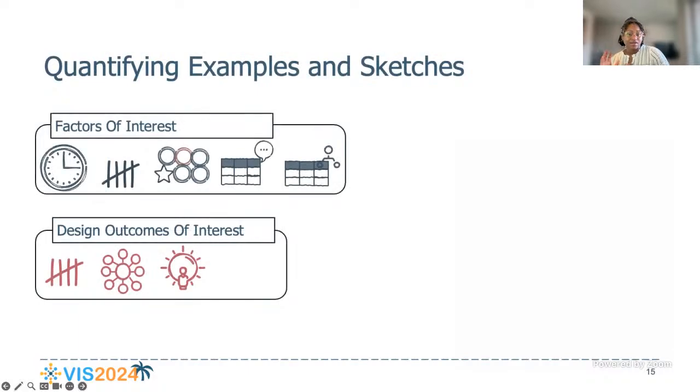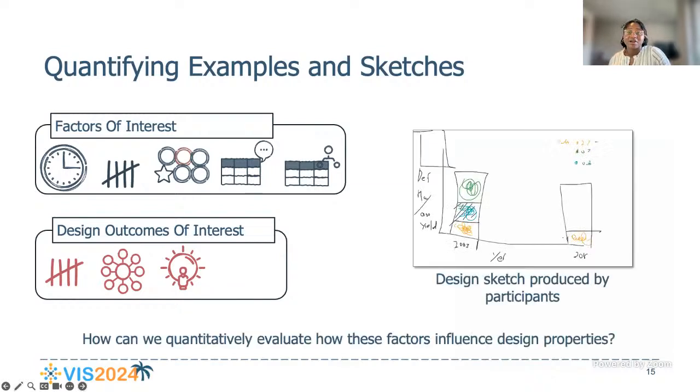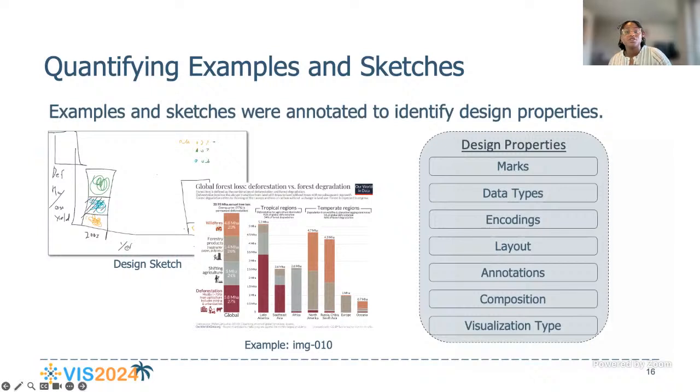So we have our key factors for examples and the design outcomes of interest, but our participants' sketches sometimes look like this. So we had to figure out a way to describe the properties of examples and design sketches in a way that would allow us to quantitatively evaluate these factors and their influence on all these design properties. So what we did was to annotate each stimuli example and design sketch that was produced by participants, labeling the marks, data types, visual encodings, layouts, annotations, composition, and visualization type.